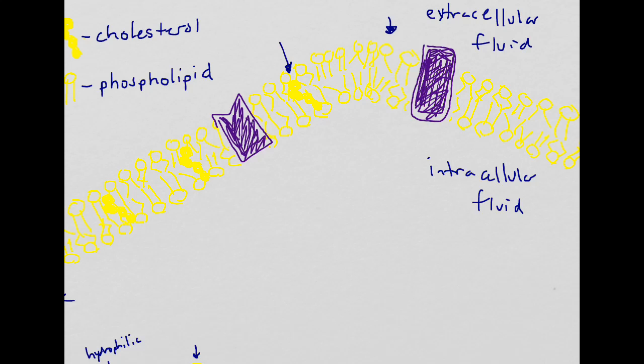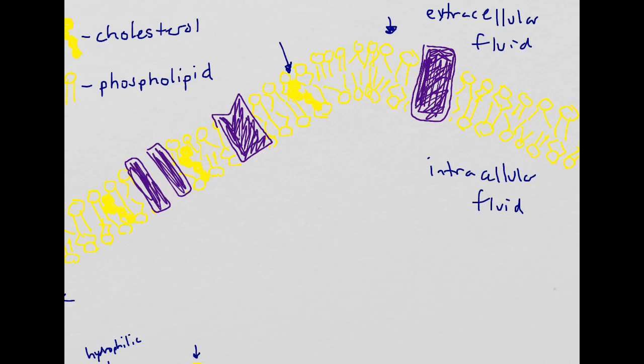Okay, and then that shape determines its job. And again, like I said, we'll talk about that in another video. Some of these proteins might be like a channel, like I'm drawing here, for things to go through.